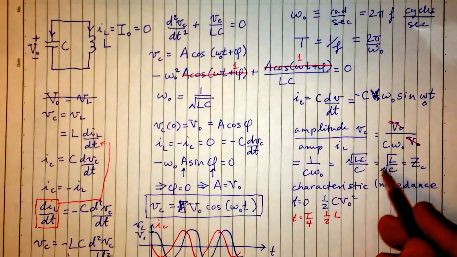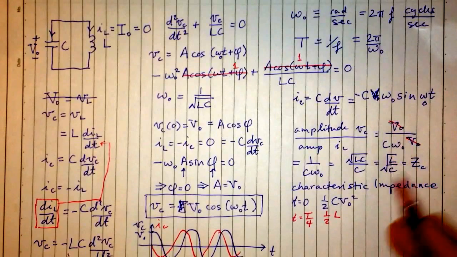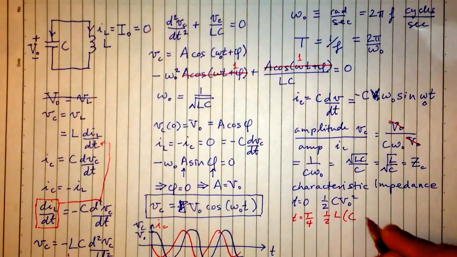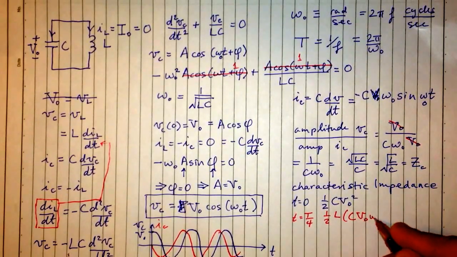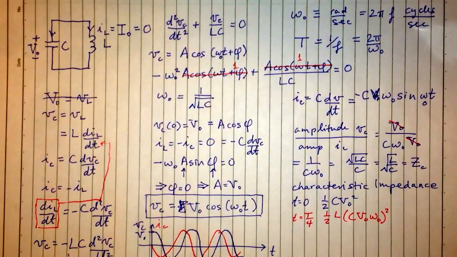Now that maximum IL you can get from this here, so that's C V naught omega naught. We can do a little bit of rearranging here using this characteristic impedance and canceling things out, and what we're going to find is that LC will cancel with the omega naught. We'll end up with 1/2 C V naught squared again. So that's quite remarkable. It's the same amount of energy that gets transferred into the capacitor.